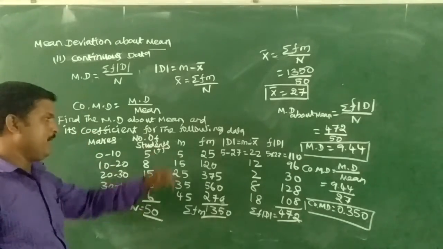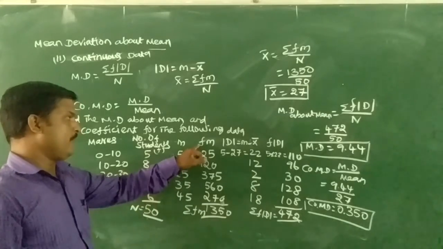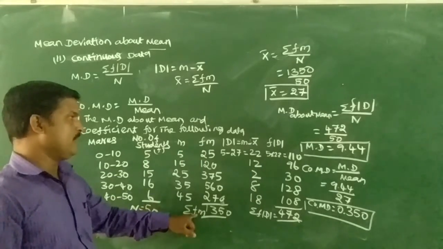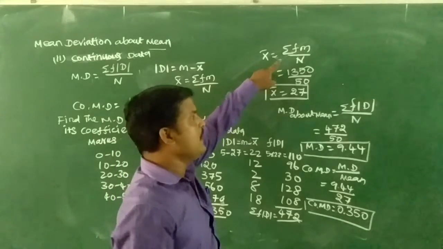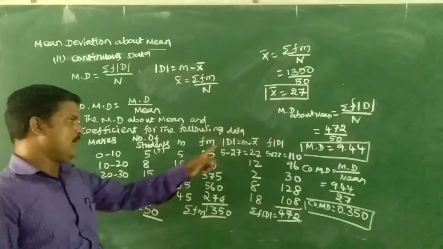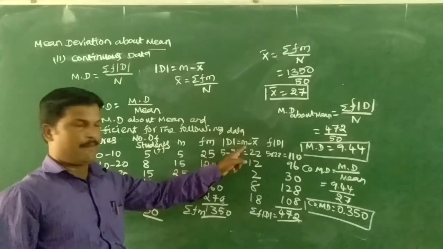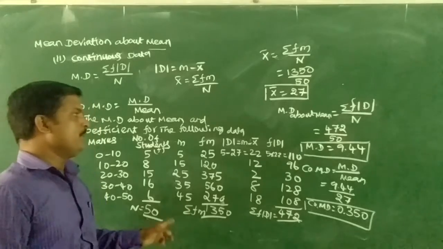So for continuous data, first you have to take the midpoints. Next you calculate fm. Next you add the values. Next you apply the mean formula, summation fm divided by n, so you will get the mean value. Next take the modulus of d, which equals m minus x bar, so you subtract the mean from all the midpoints.